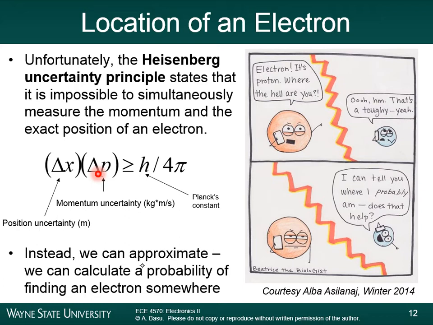We know the mass of an electron. The mass of an electron is defined. What's uncertain is the velocity of the electron. So we can't know the position and the velocity of the electron at the same time. So the Heisenberg equation says that the position uncertainty multiplied by the momentum uncertainty is greater than or equal to Planck's constant divided by 4 pi.